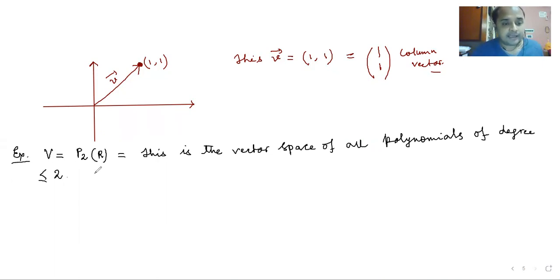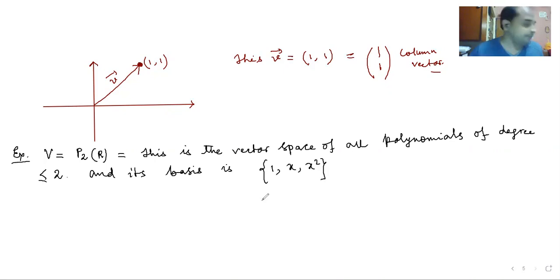Okay, and its basis is, for all polynomials of degree less than or equal to 2, 1, x, x square.